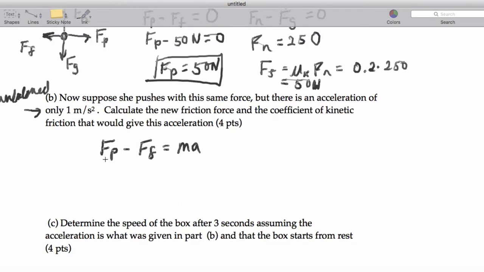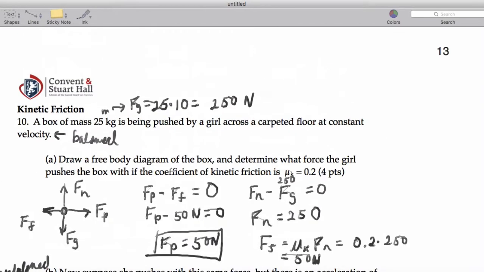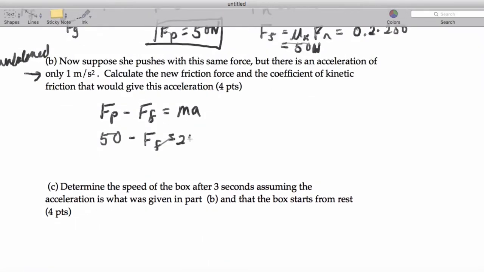Just writing unbalanced there. So we have a 50 newton pushing force, an unknown friction, and the effect is that the 25 kilogram box accelerates with 1 meter per second squared. So when we isolate, we're going to get a friction force of 25 newtons.